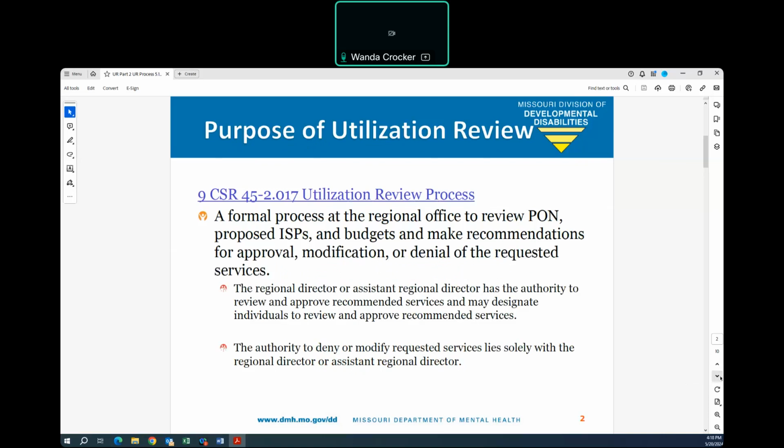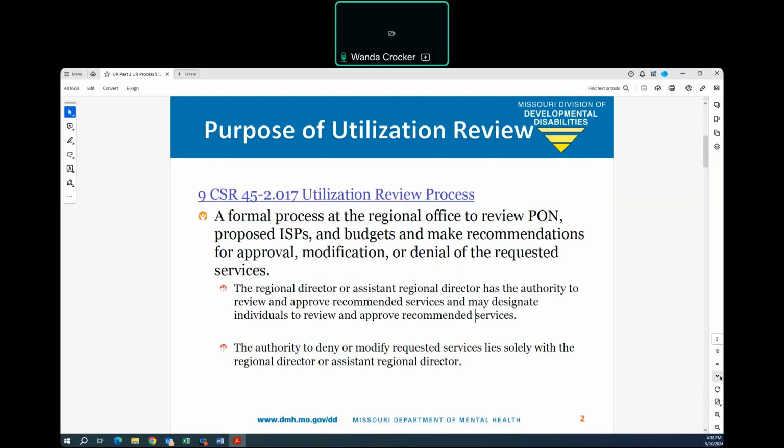The Division of Developmental Disabilities does have a CSR titled Utilization Review Process that you can go to for full content. Here, we're going to abbreviate and give you an overview of that content. Utilization review is a formal process at the regional office to review priority of need, or PON, proposed individualized support plans, or ISPs, and budgets, and make recommendations for approval, modification, or denial of the requested services.